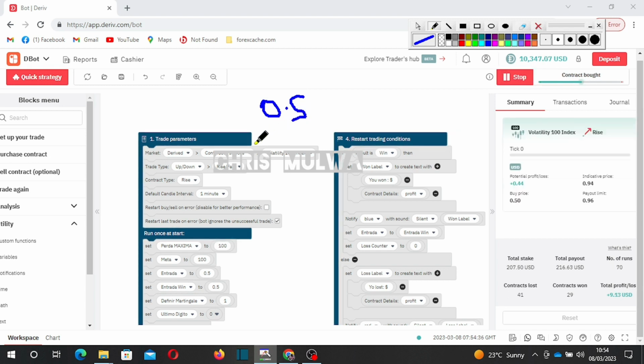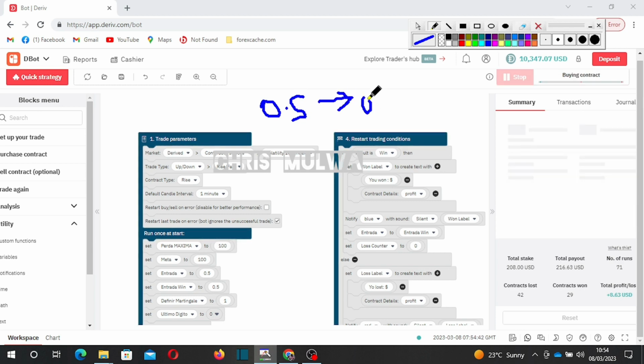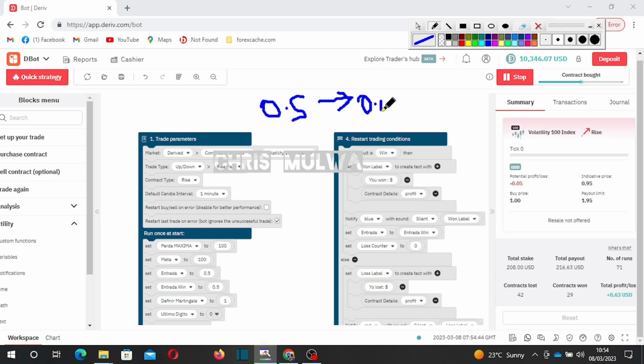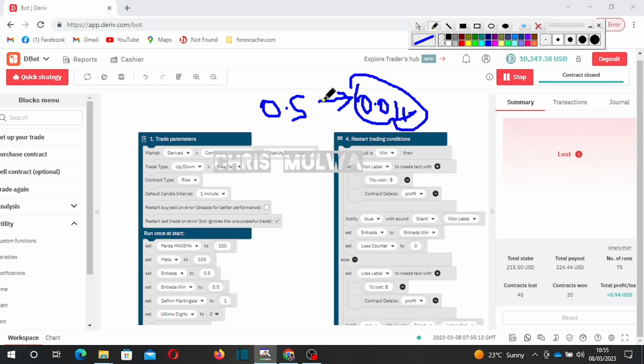Now the win, as you can see, is 0.04. Now this is a very, very low win. So if you win, you win this. If you lose, you lose this. And then the Martingale does this.